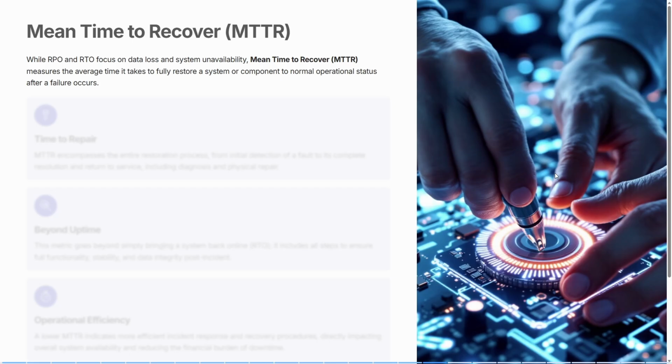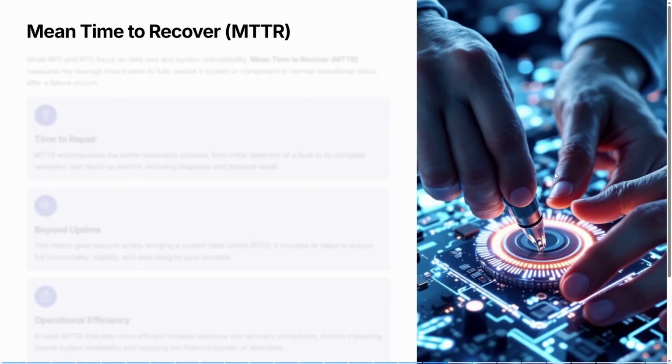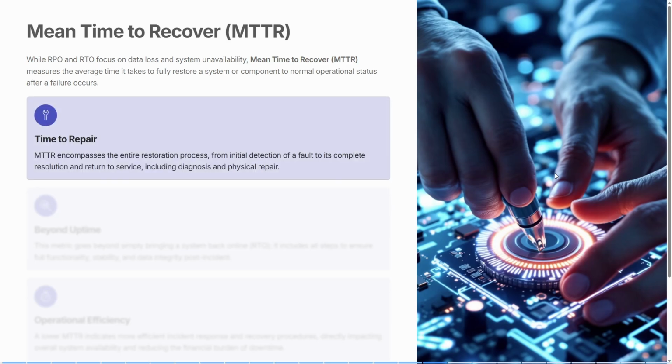So RTO is saying, okay, how long can we afford to be down before we have an unacceptable amount of damage to the business, for example. But MTTR is specifically looking at the time between the failure and the coming back online. They seem quite similar, but there is that slight difference, and I'll go over that again.